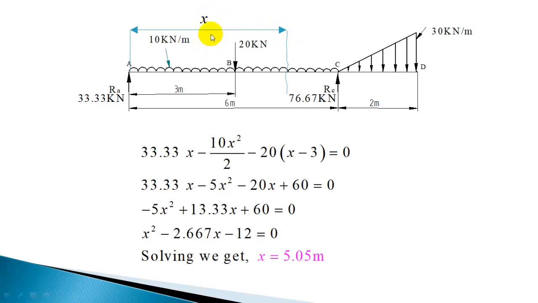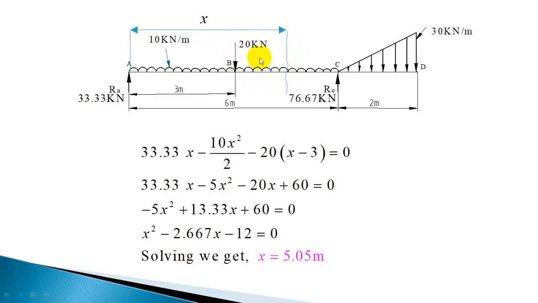So this load is producing negative moment with respect to this section. So minus 10x into the distance x by 2. So you get minus 10x square by 2. The 10x is the load. It acts at a distance of x by 2. So minus 10x square by 2. That is the bending moment produced by UDL with respect to this section.